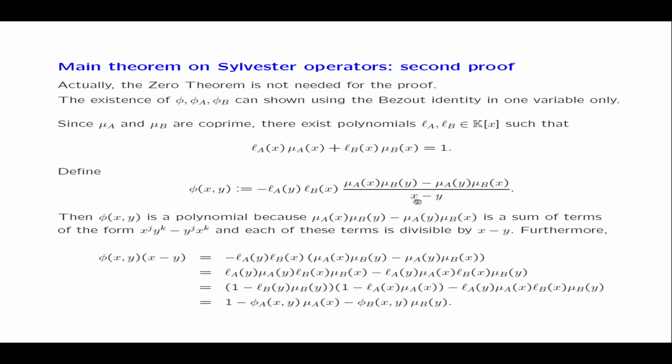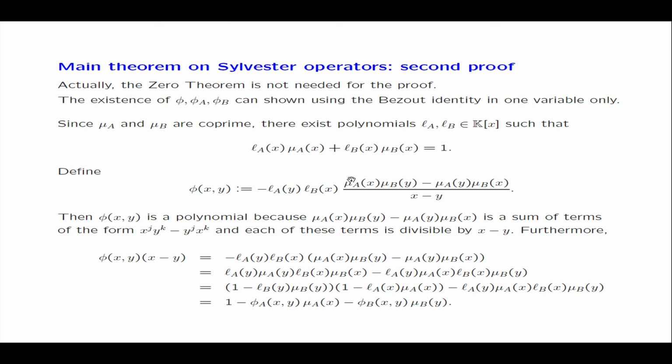And this is indeed a polynomial here. You might think, oh, isn't it just a rational function because I divide by this difference? But that is not the case. Each term in the numerator is the sum of such differences, and each of these is divisible by x minus y.